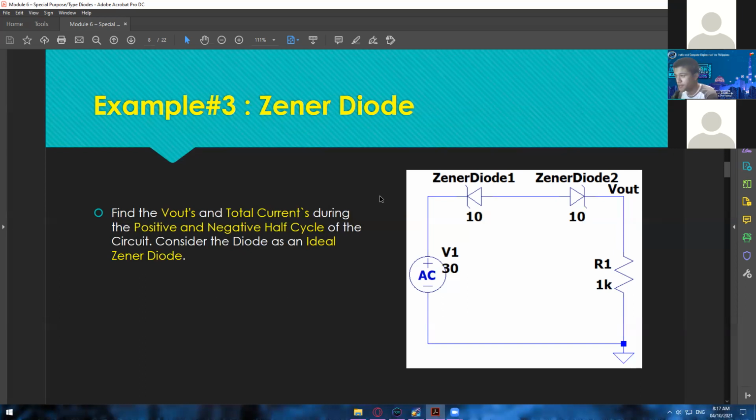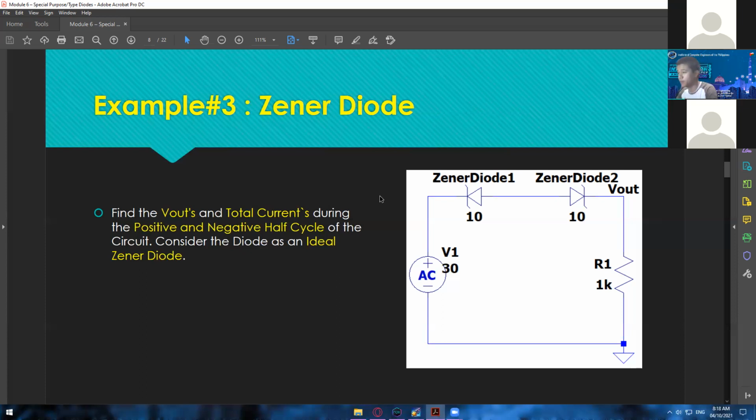What is the value of our V out during the negative half cycle? Sir, negative 30. Is it 30 or 20? 30, sir. 20? Okay, so yeah, that is also correct.